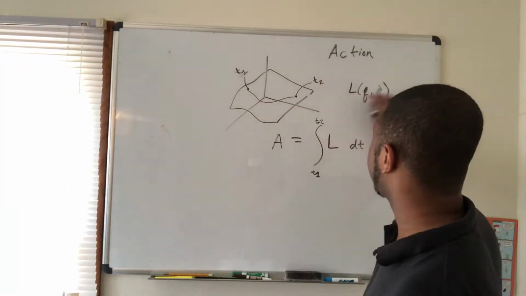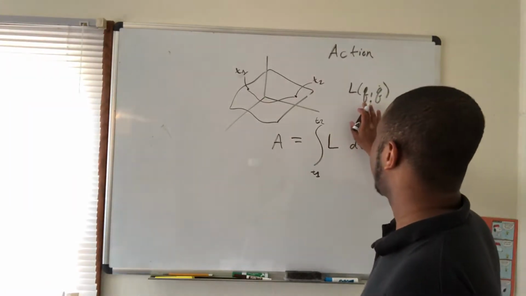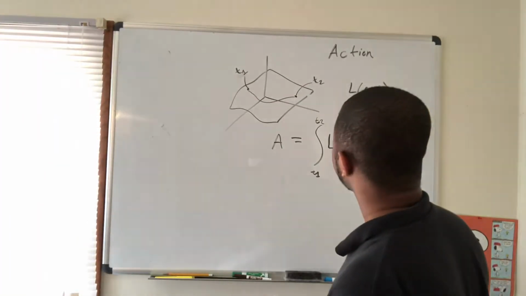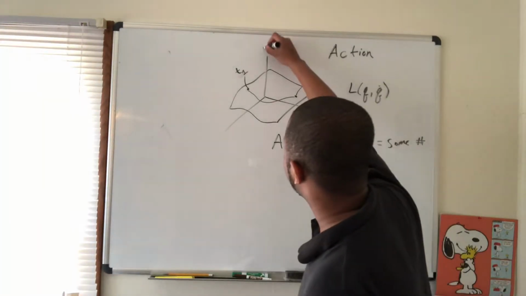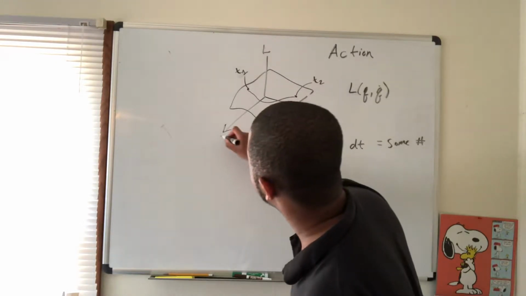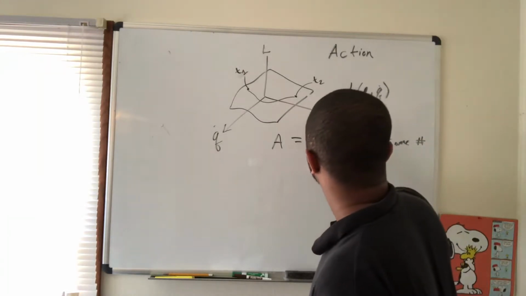The space of functions depends on some quantity q and its time derivative q dot. So if we call this L, then we say that's q, we say that's q dot.